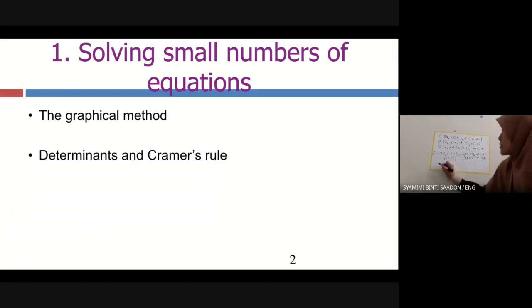So we calculate these determinants. You solve this one like this, cross multiplying: 1 times 0.5, 0.5, 0.3 times 1.9, so calculate that, minus 1.9, 0.3. So this is one part, and then the second part, the third part.